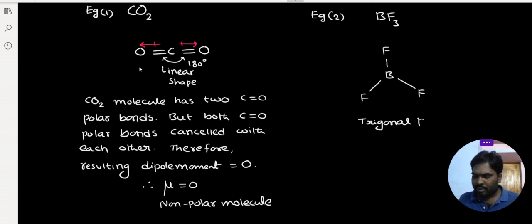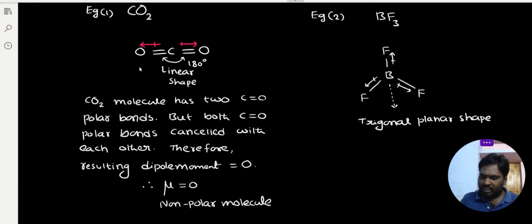So bond polarity is working like this: these two resulting bond polarities work in this direction, so this one and this one cancel out.